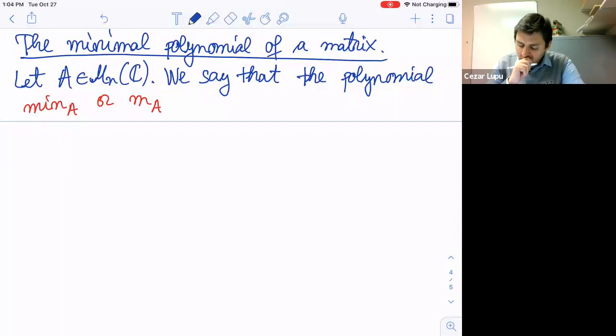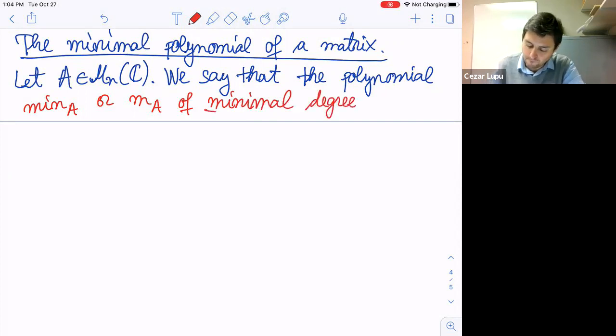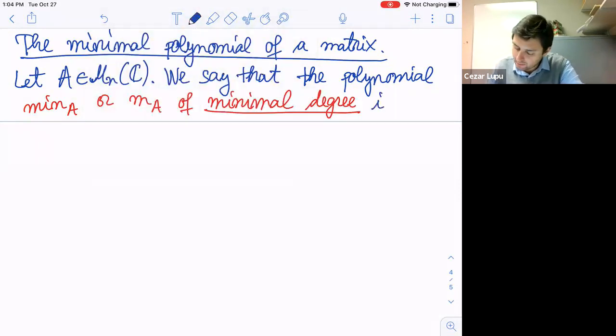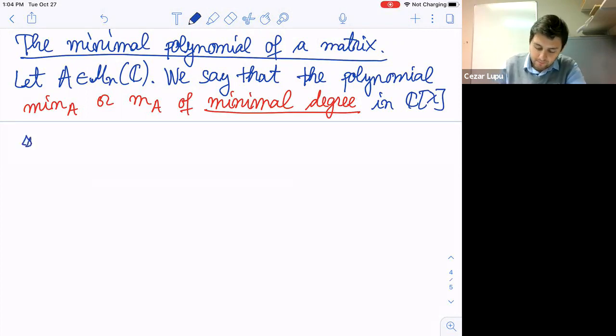So we say that this is the polynomial of minimal degree, with complex coefficients, as a function of lambda, right? So this is the minimal polynomial such that M of A of A is the zero matrix.